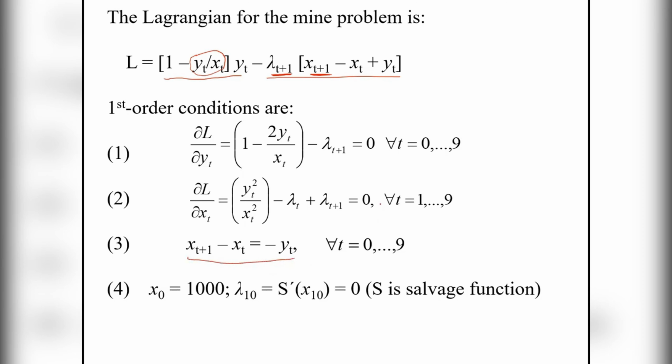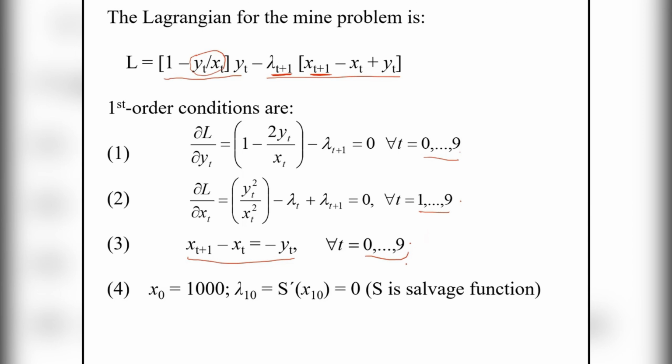Now notice that these equations hold for different time periods. This one holds for periods 0 to 9, this one from 1 to 9, and this one from 0 to 9. So this gives us 10, this gives us 10, and this gives us 9 as well.